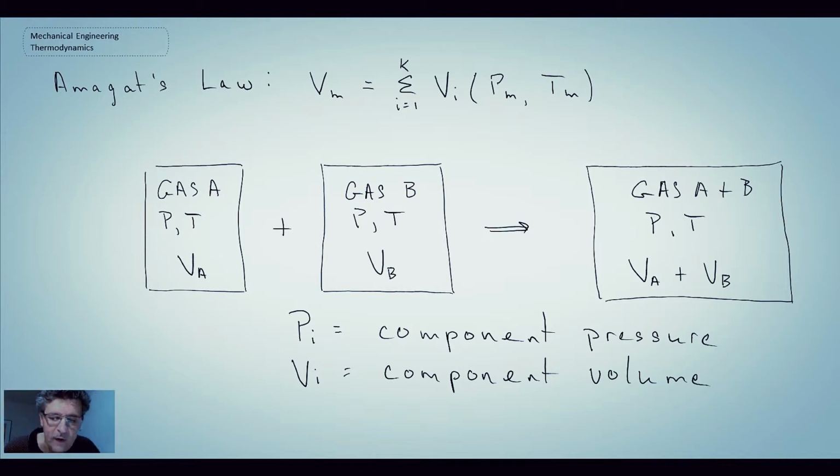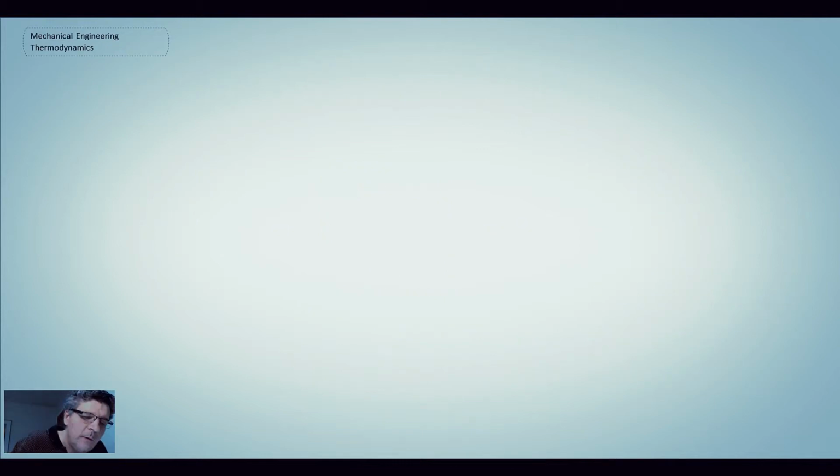So that would be the volume for an individual component and the pressure. What we're now going to do is take a look and combine both Dalton's and Amagat's law, along with a law that we will often use for gas mixtures, and that is the ideal gas equation.